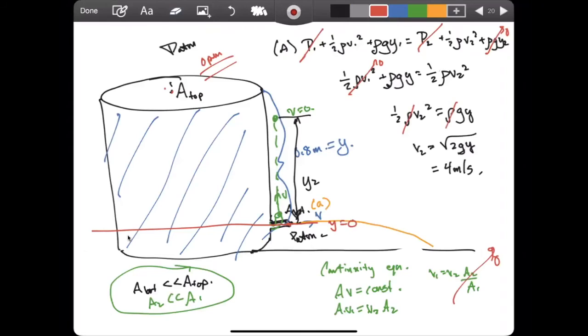So let me define exactly what I'm talking about here. The only thing I'm doing now is I'm calling this my point 2, but this is still my point 1. So instead of calling it bottom point 2, I'm now calling point 2 where the velocity finally is equal to 0. So in this case, V2 must be equal to 0, since that's my second point.